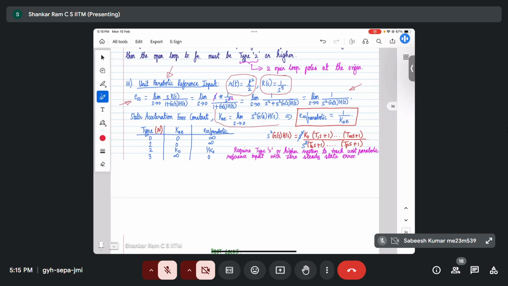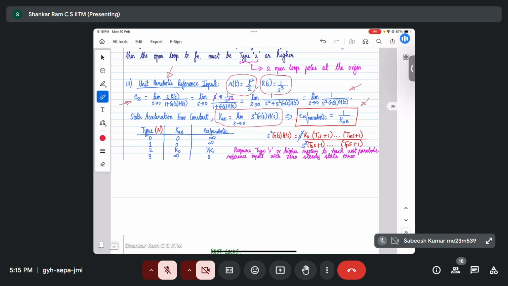Now, limit s tending to 0 of s squared G of s, H of s is what is called the static acceleration error constant. So, in other words, the steady state error to a parabolic input is 1 divided by K_a, where K_a is the static acceleration error constant.